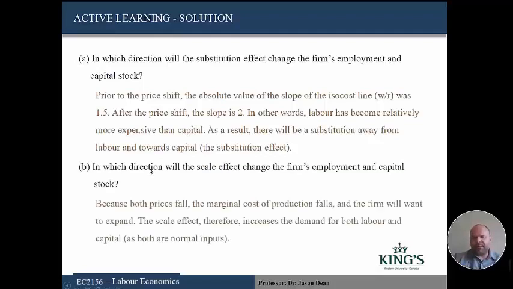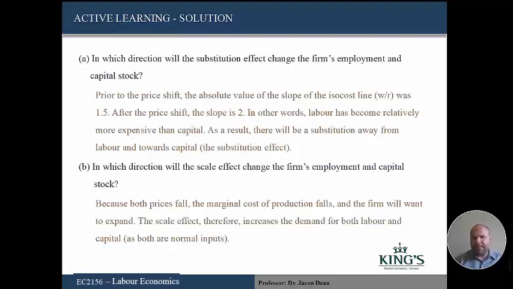Now B asks us about the scale effect. Well, in this case, the two input prices have fallen. So all that's going on here is that the marginal cost curve is shifting down.